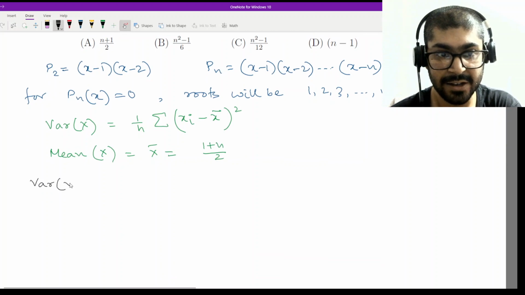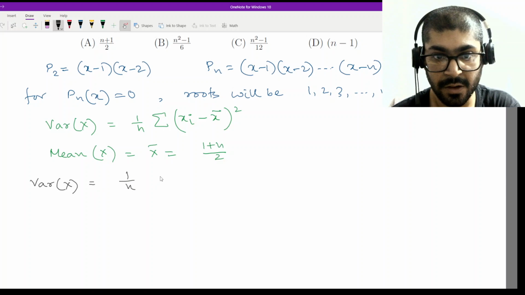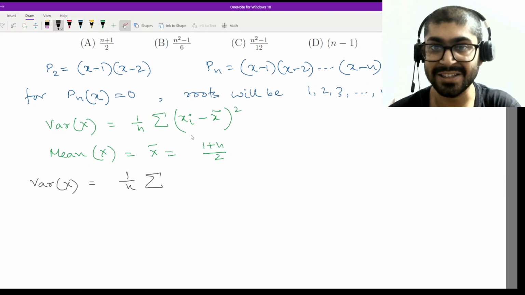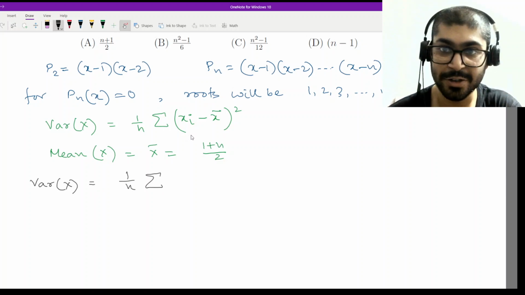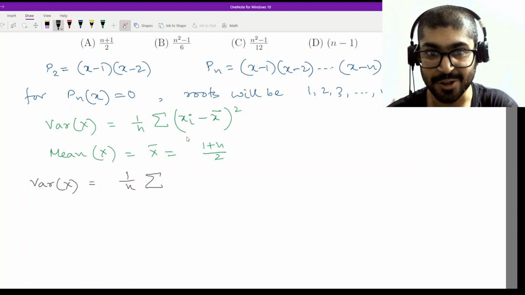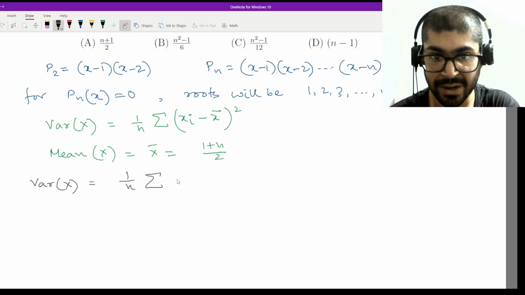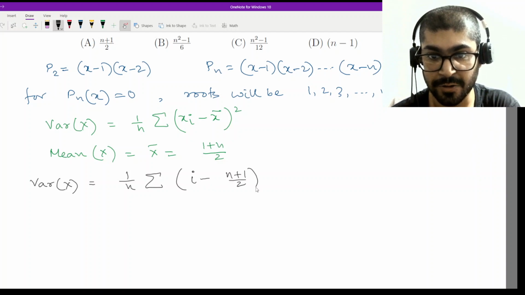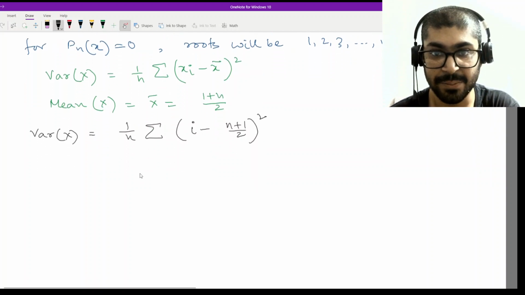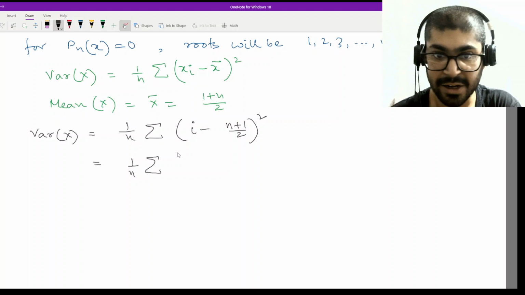Var x therefore will be 1 by n into sigma. What are the xi's here? x1 is 1, x2 is 2, x3 is 3. So I can replace xi by i, no big deal. So (i minus (n plus 1) by 2) whole square. Now this is the thing that we have to simplify. So 1 by n into sigma. Let me do the whole square.